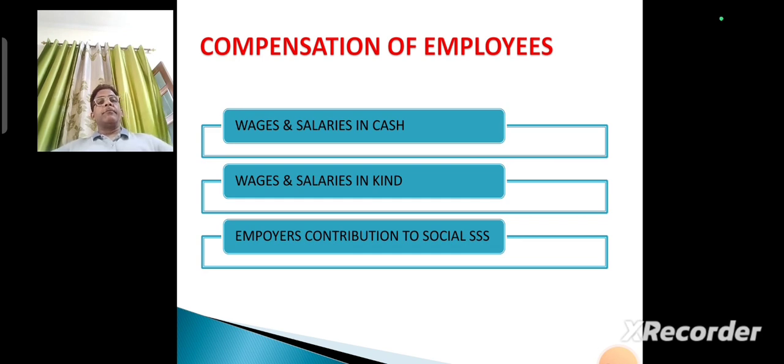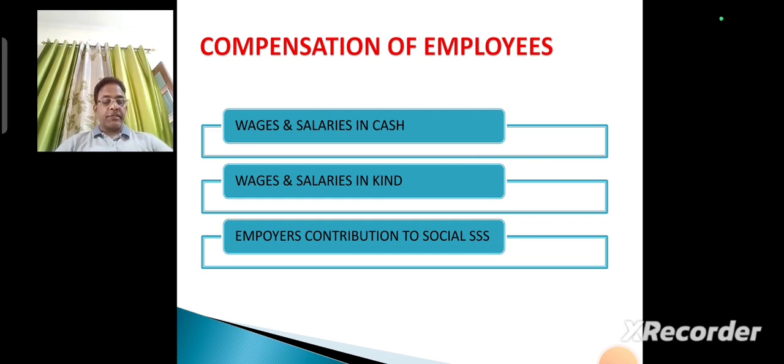Basically, compensation of employees will be all types of remunerations which are being paid by the employer to the employee. And why is the employer paying the employee? Because the employees have done some work, employees have contributed towards the production process, so they are due to be rewarded, they are due to be paid some amount of money, and that can be in the form of cash.